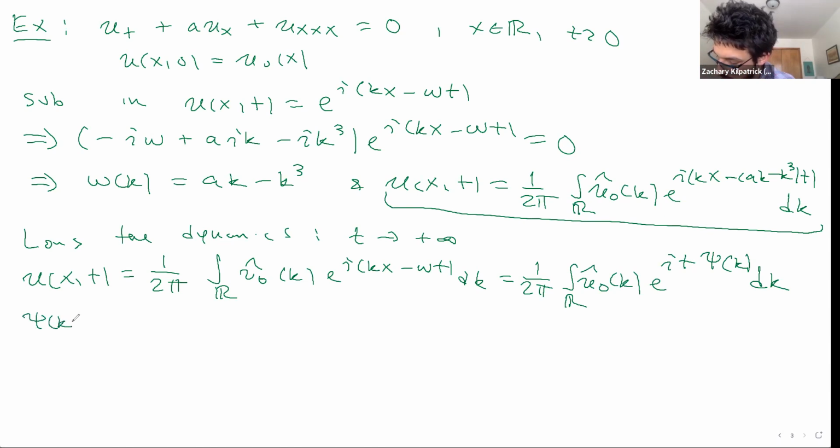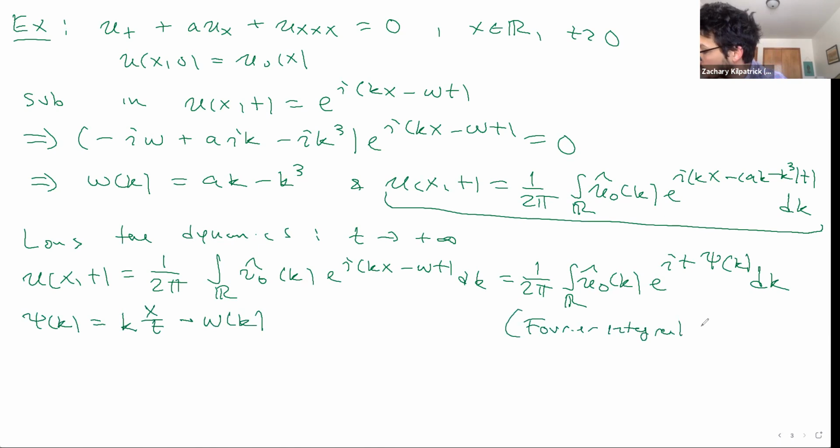So what is psi of k going to be? It's going to be k x over t minus omega of k. So this thing is a Fourier integral with a stationary phase, which is going to be given by the critical points of this phase function. What is that stationary point?